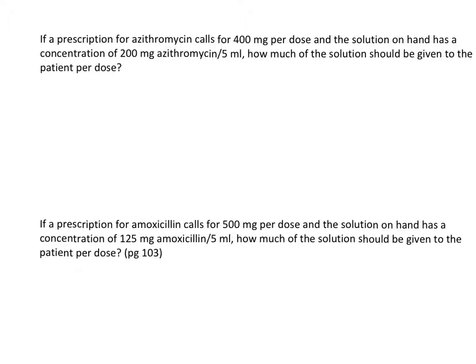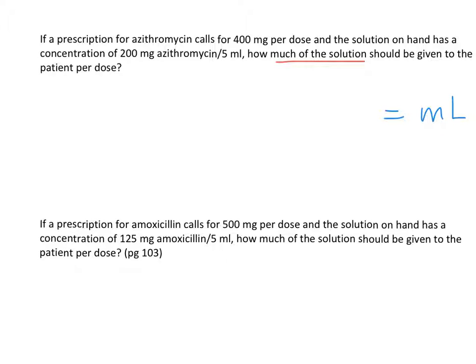And probably the easiest thing to identify to know where we're headed is what units that thing is going to be in. Now, it doesn't actually say specifically, but how much of the solution? Well, solution you want to think of as some kind of liquid, and liquid is going to be measured in milliliters. So this is asking how many milliliters. So what we're looking for at the end here is milliliters.